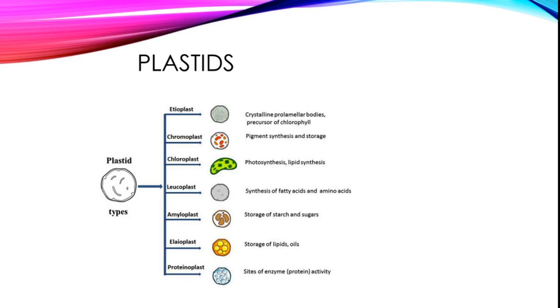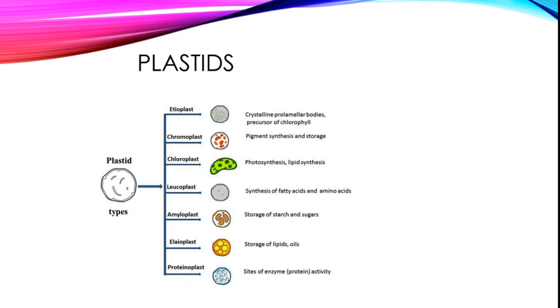Next is chloroplast, which is the most important type of plastid because it contains a pigment called chlorophyll, which is necessary for photosynthesis. Photosynthesis means the process in which plants make their own food. Next is leucoplast.